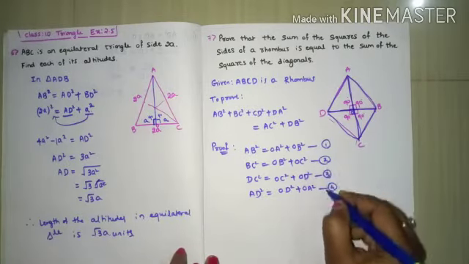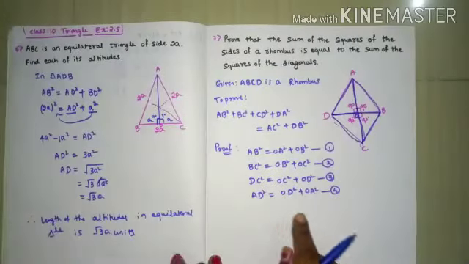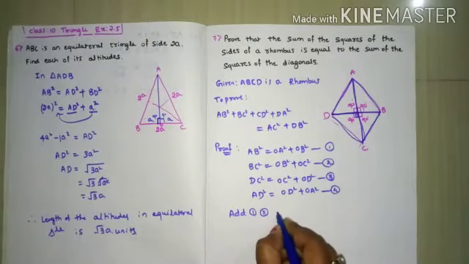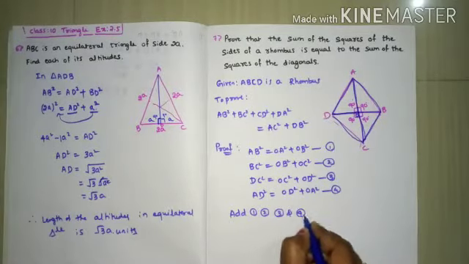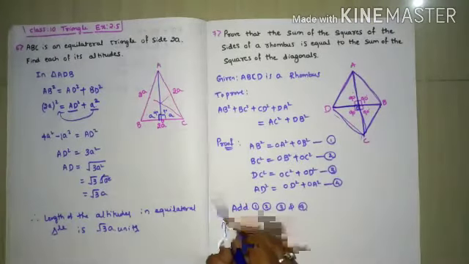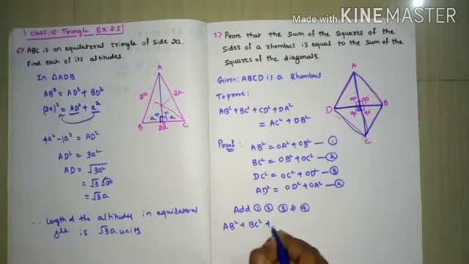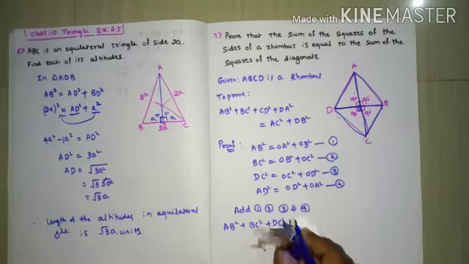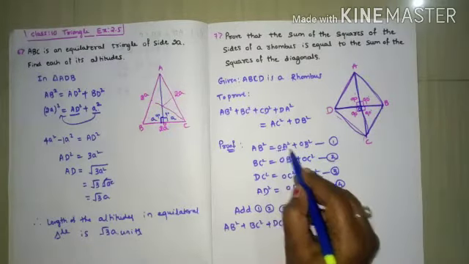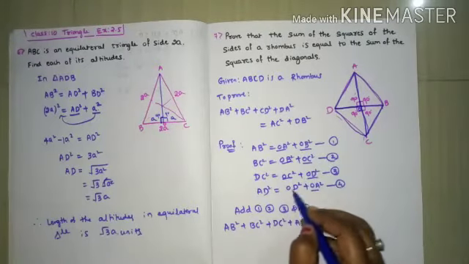Now we have to add all these, because we want the sum of the squares of the sides. So add equations 1, 2, 3 and 4. On the left side we will get AB square plus BC square plus DC square plus AD square is equal to, just observe, OA square two times, OB square, OC square, OC square, OD square.